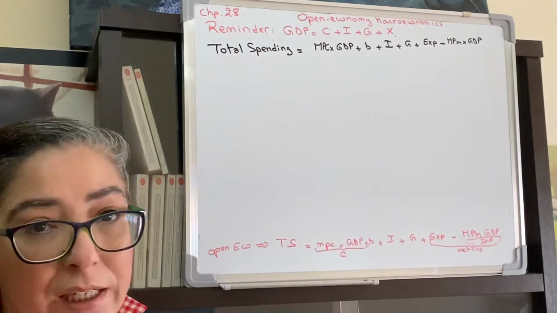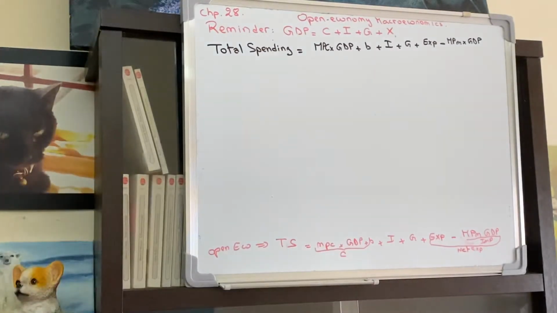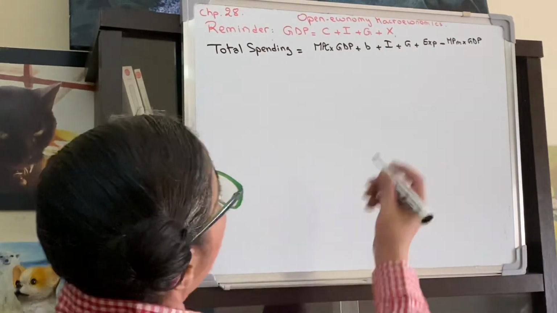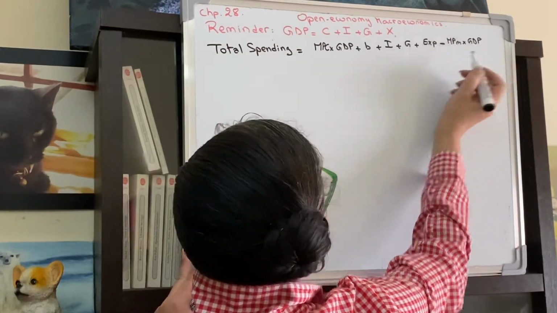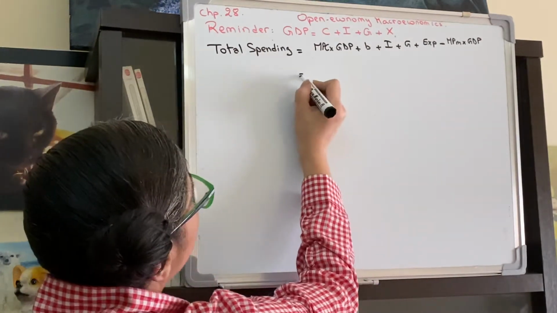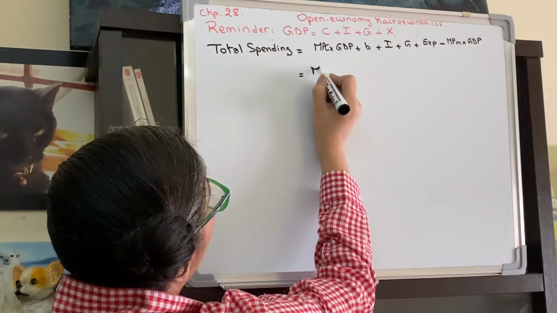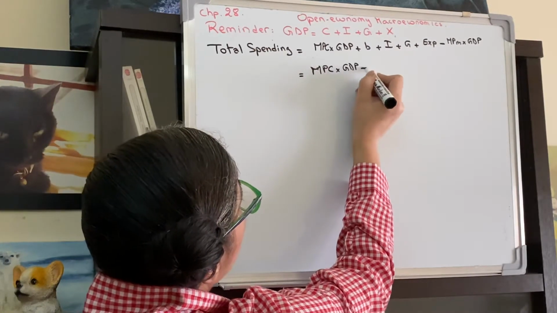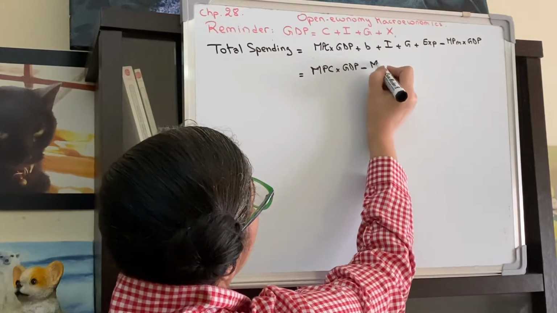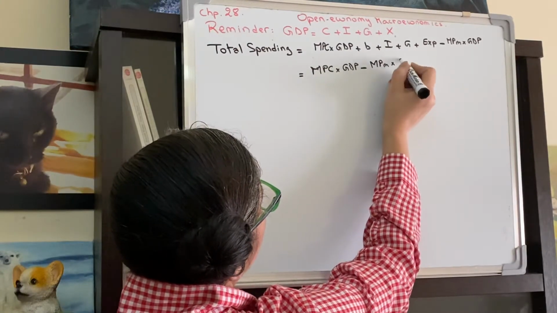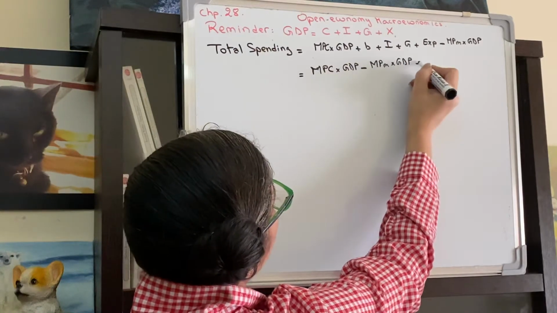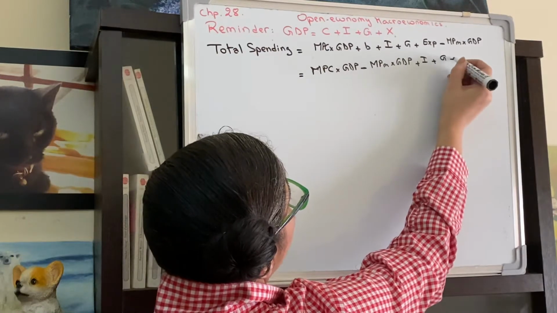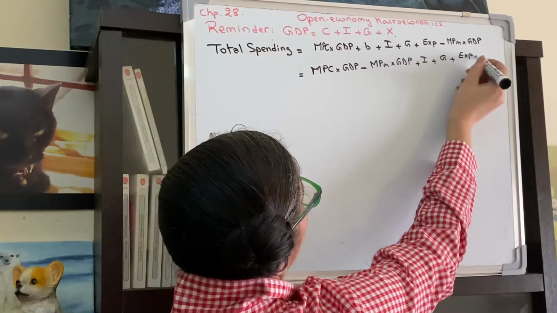So now you know what they stand for. I can delete this one and move on. So I'm gonna put GDP in common for these two, okay? Which is equal, well, first I'm gonna write them one next to the other. MPC times GDP minus MPM times GDP, and then plus I plus G plus exports.